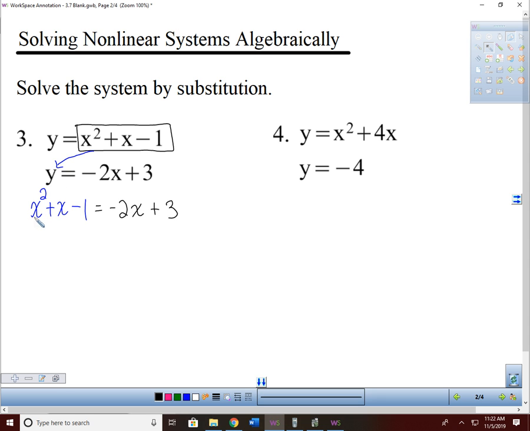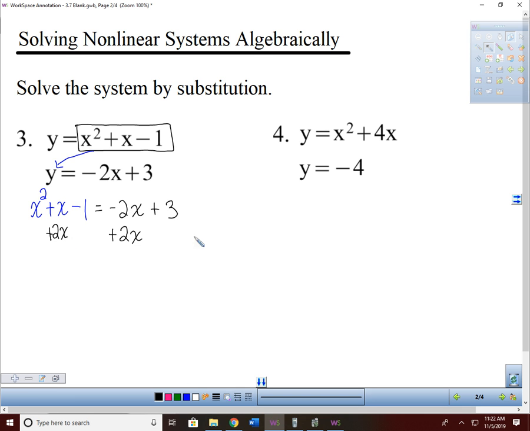So now I have nothing but x's, which means I can solve for x. And anytime I see that I have an x squared, numbers with just x's, and numbers without x's, that means I'm probably going to want to try to factor this. All right? Well, in order to factor, I need everything to be on one side. So I'm going to move everything to the left. Since this is a -2x, and I'm moving it across the equal sign, I'm going to add 2x. Now, I need to put it with its like term, which would be the 1x right here, so I'm going to line it up right there.